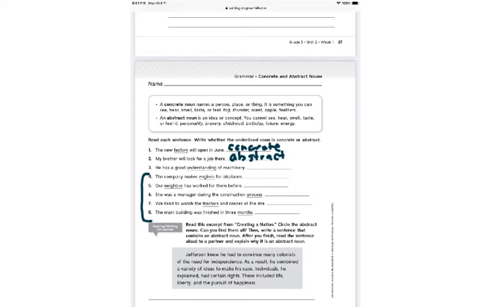Again, understanding is not something that I could see, hear, smell, taste, or feel. It is an abstract noun. It is an idea. It is a concept. So, keeping this in mind, I want you to work through 4, 5, 6, 7, and 8 on your own.